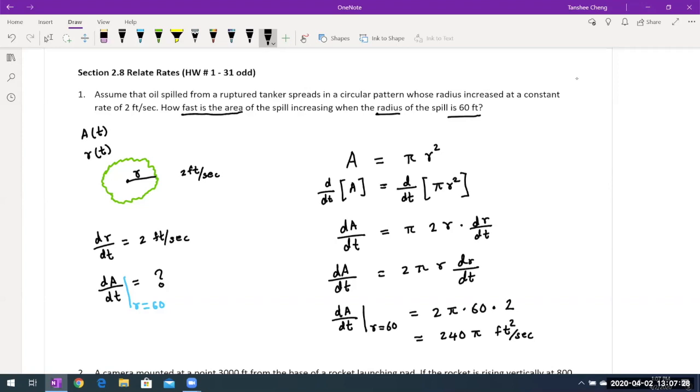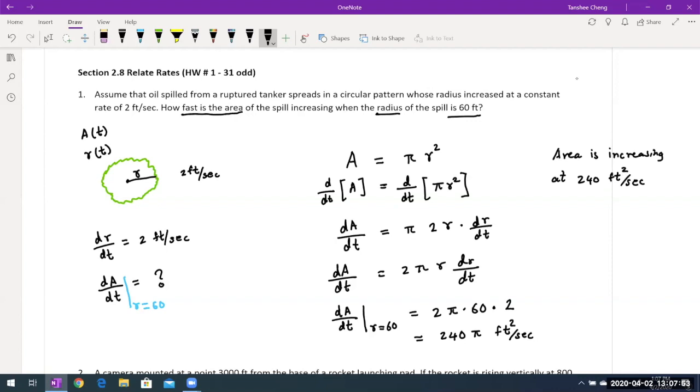Finally, the interpretation: the question is asking how fast the area is increasing. So I can interpret it as the area is increasing at 240 pi feet squared per second.